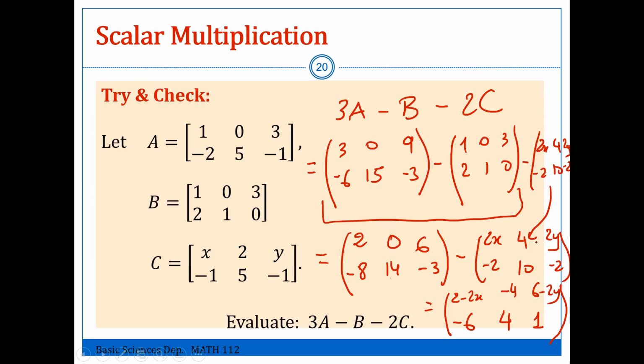It's easy, just go step by step, multiply first by scalar, and then add or subtract. Any question about addition, subtraction? No question?